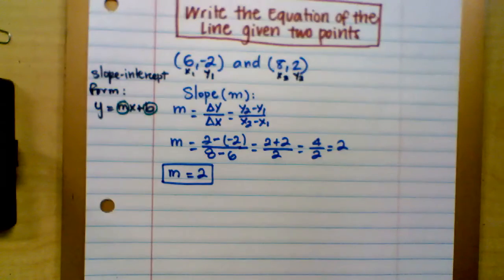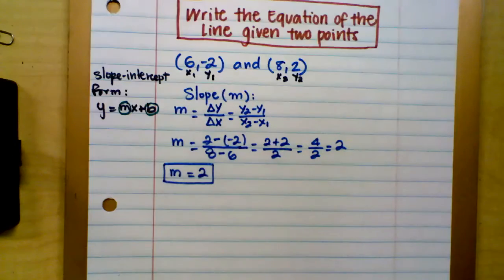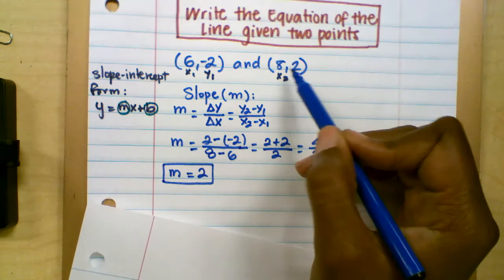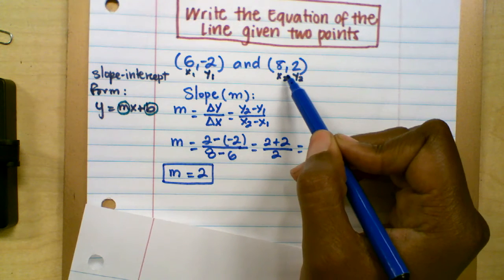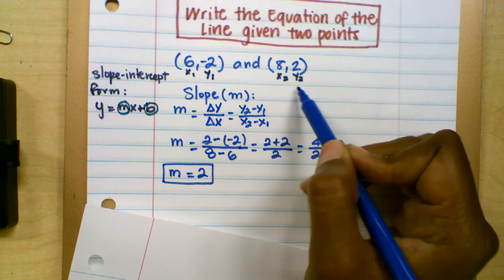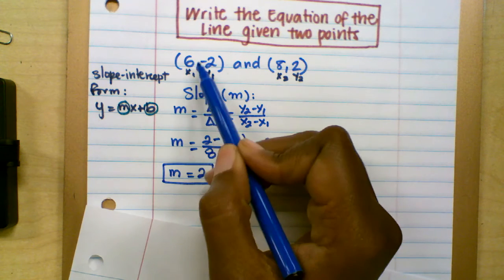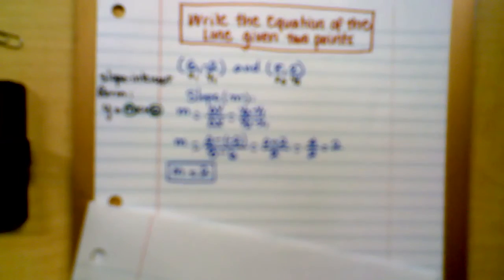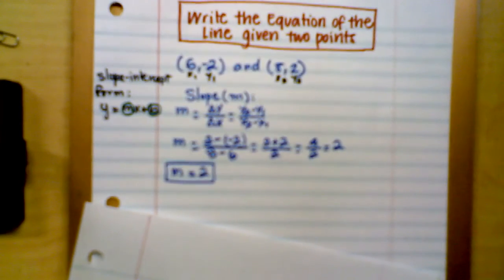Now, I have something else to say here. I chose to make the second point, (8, 2), x2 and y2, and the first ordered pair, (6, -2), x1 and y1. I could also do it the other way around.